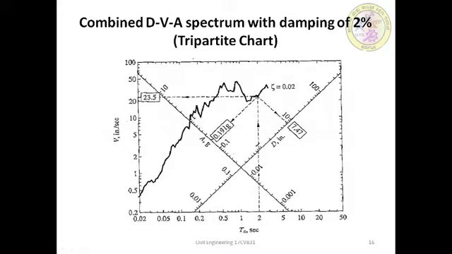The time period is on a log scale, velocity is on a log scale, acceleration is on a log scale, and displacement is on a log scale. So all of these are log scale only. The scales of displacement and acceleration slope at 45 degrees to the x-axis: displacement at 45 degrees, acceleration at minus 45 degrees.